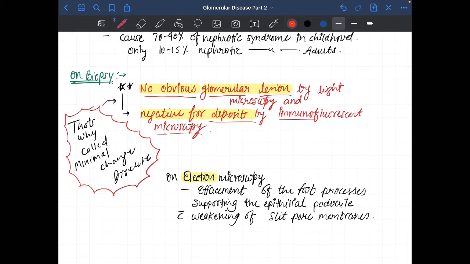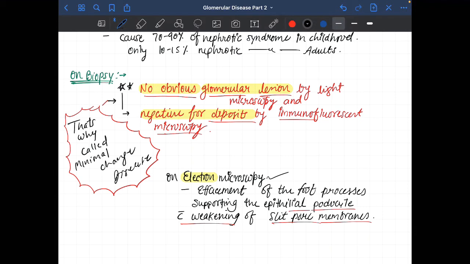But when we use the electron microscope, we can see the effacement of the foot processes supporting the epithelial podocyte and weakening of the slit pore membranes. So in minimal change disease, we can only see changes in the electron microscope.